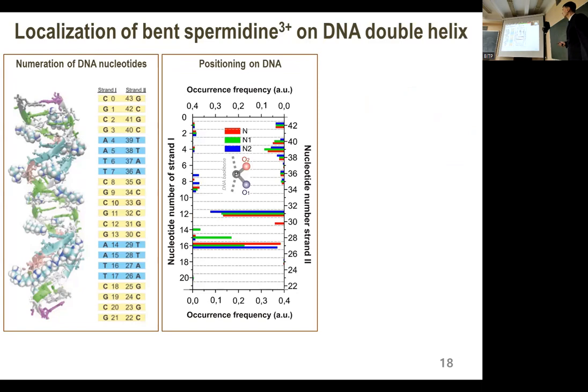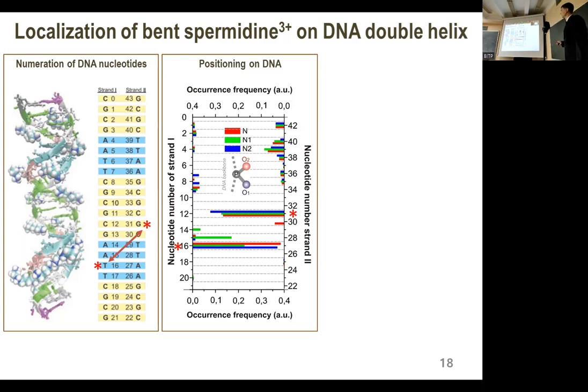We measured the population of polyamines in this conformation, and we found that polyamines are localized mostly in some particular region, which is here. You can see in this diagram, this is thymine and guanine. So 16 and 31, you can see high bars of this histogram.